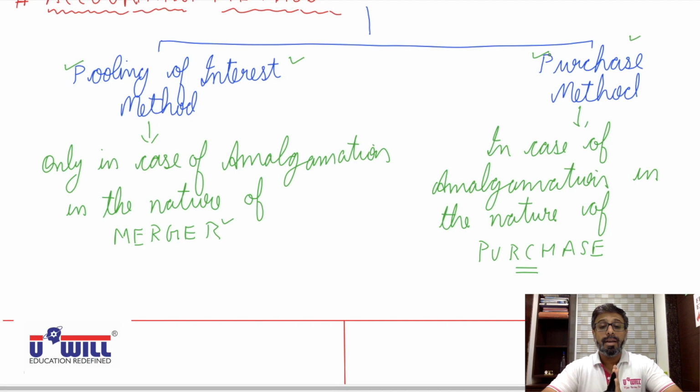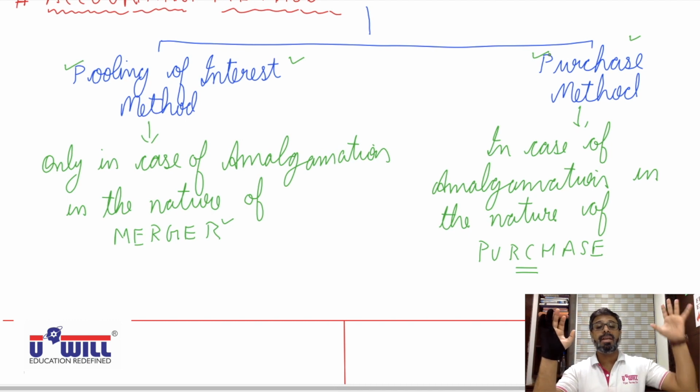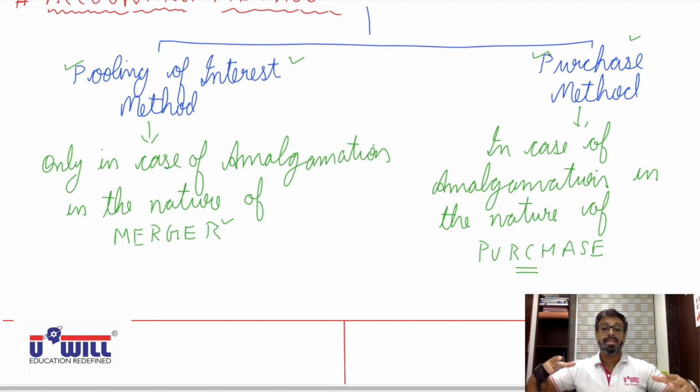Now, why is the name pooling of interest method given? Because merger means company A liquidates, B liquidates, and form AB Limited. So basically it is a pure merger. What do you have to do?